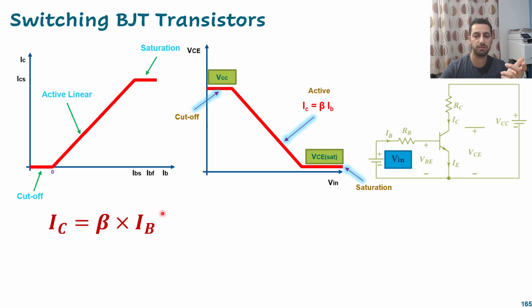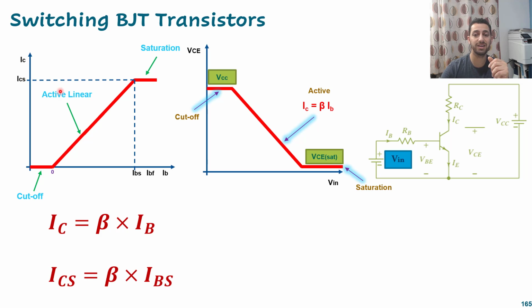So I can use this calculation to choose the IC, and also finally I can choose IB. That IC is called IC saturation, which is 1 ampere for our example, and I can use beta, and that base current that causes the saturation is called IBS, IB saturation, okay?